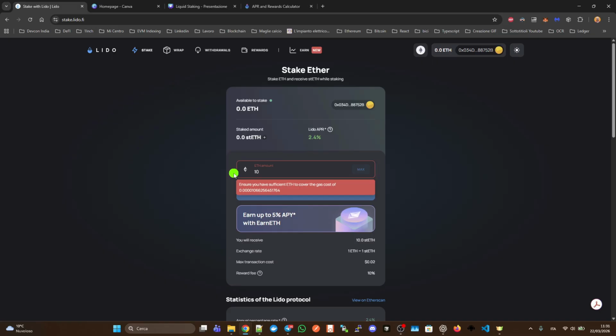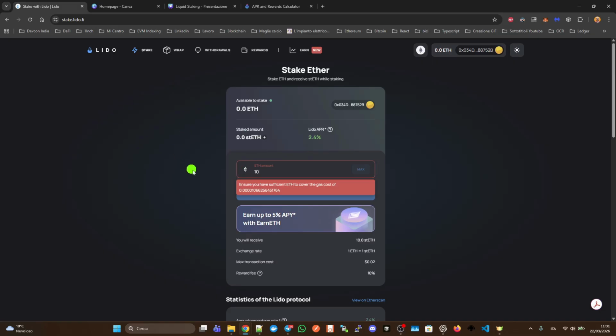You will always pay the same amount of gas fees whether you stake more ETH or less. It is not worth staking a low amount, because the cost of the smart contract will be much higher than the rewards that you get.